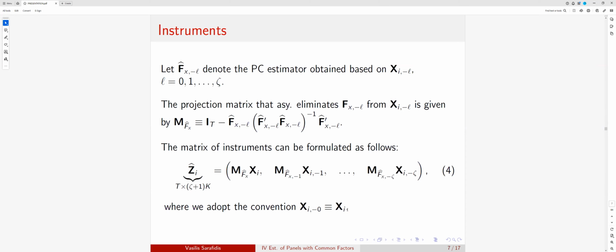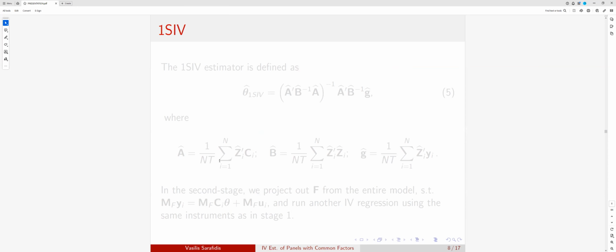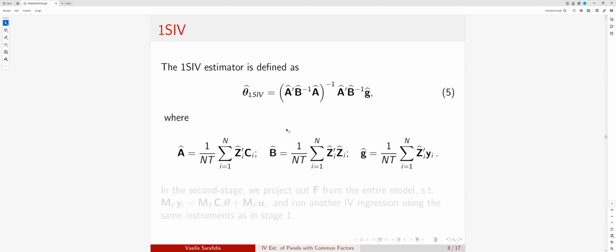Now, this matrix has zeta plus 1 times k columns, and therefore the degree of over-identification here equals k times zeta minus 1. Our first stage IV estimator is of standard form as in equation 5, where matrices A, B, and G hat are defined accordingly.